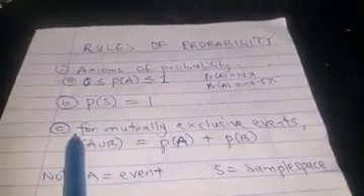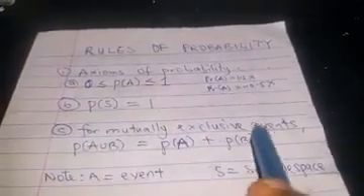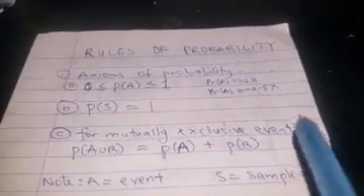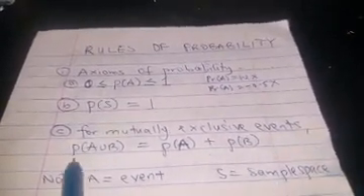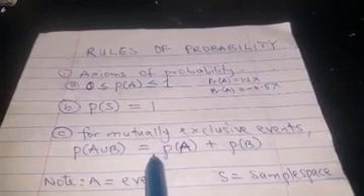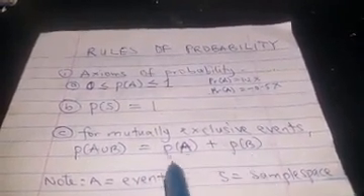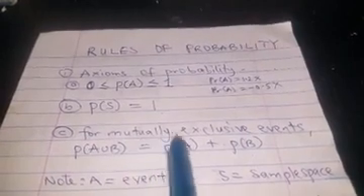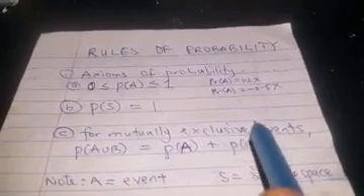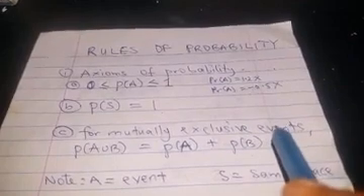Now, the third one is that for mutually exclusive events, if two events are mutually exclusive, then probability of A union B would be equal to probability of A plus probability of B. What does that mean? Mutually exclusive events are events that cannot happen at the same time.